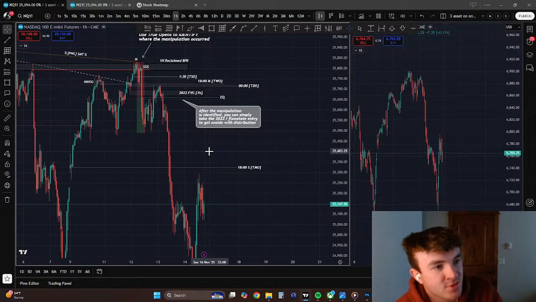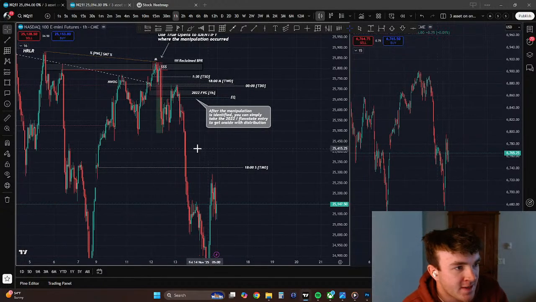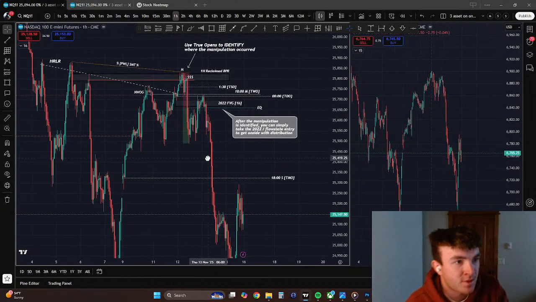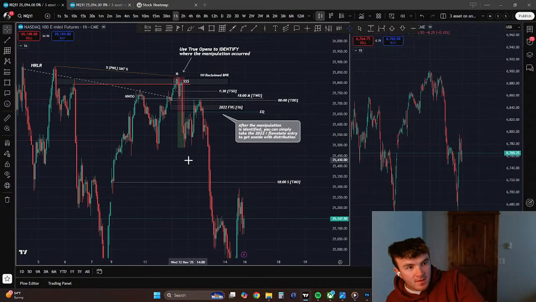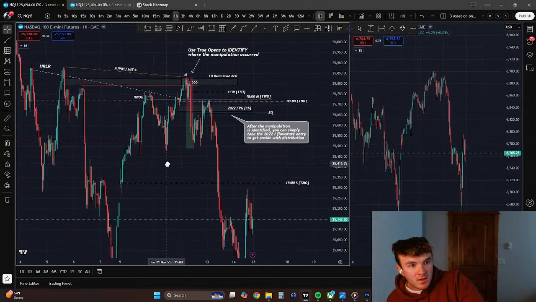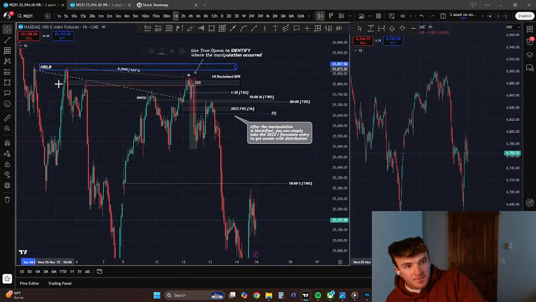So later, maybe this weekend, I need to make an indicator to plot all the current true opens of each cycle. I need to code one.